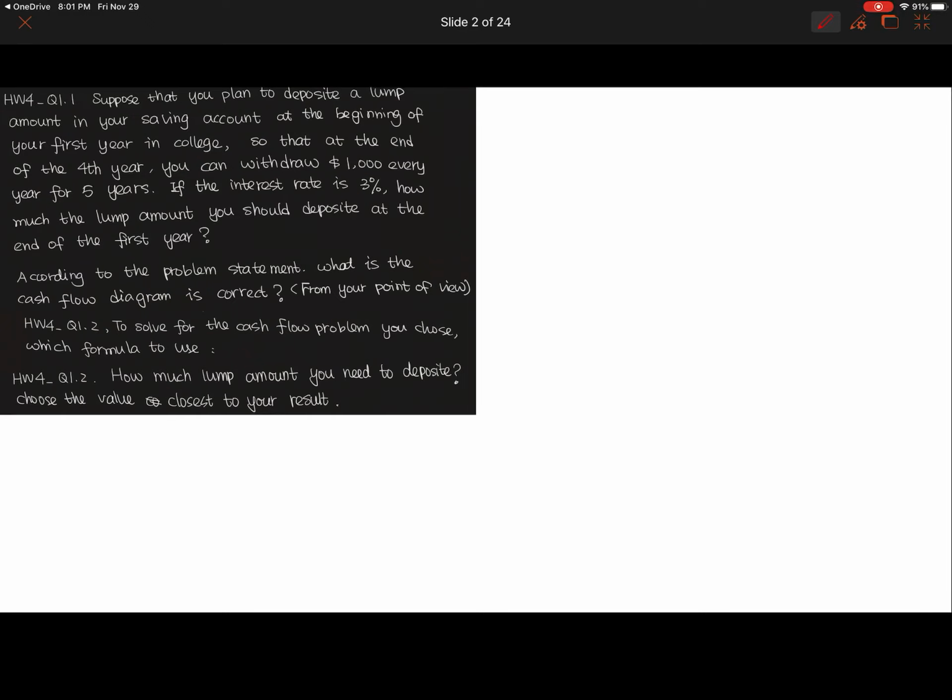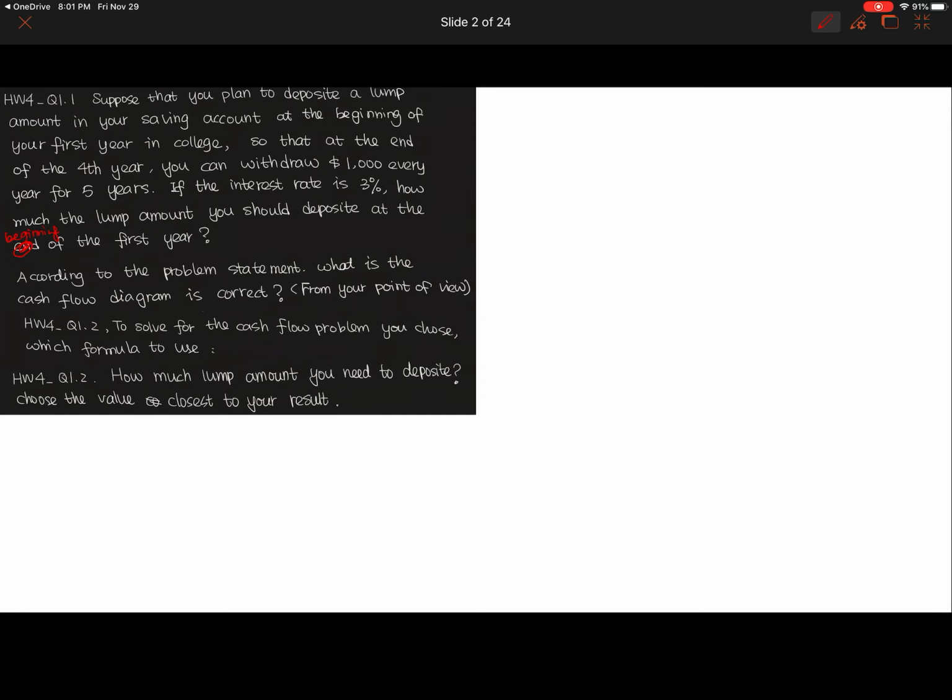If the interest rate is 3%, how much should the lump amount be? Actually, it's going to be at the beginning, not at the end. That's a typo. So how much should you deposit at the beginning of the first year.